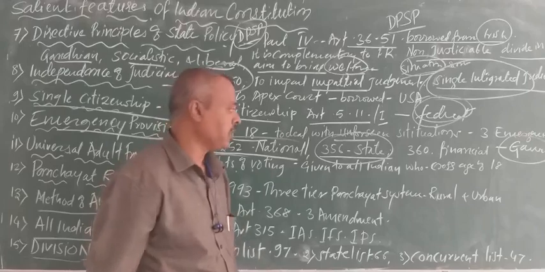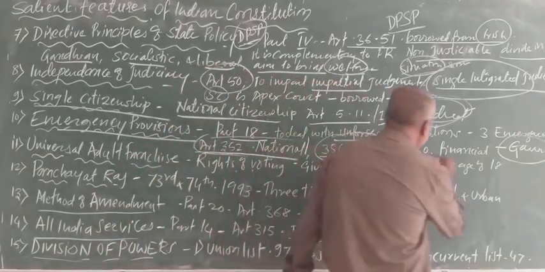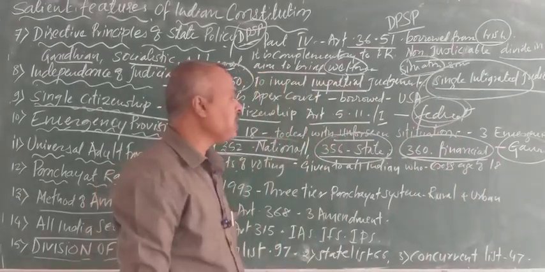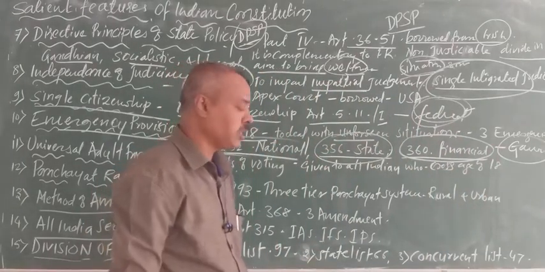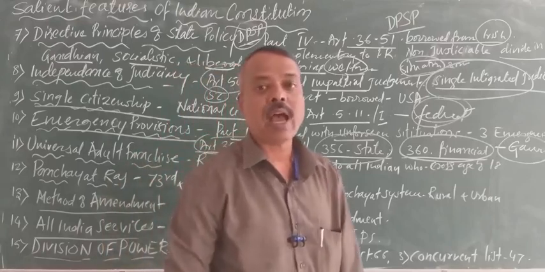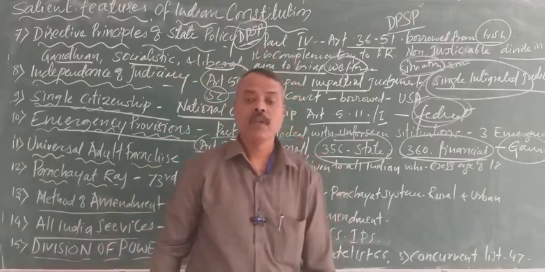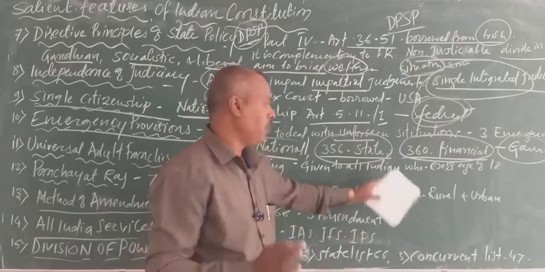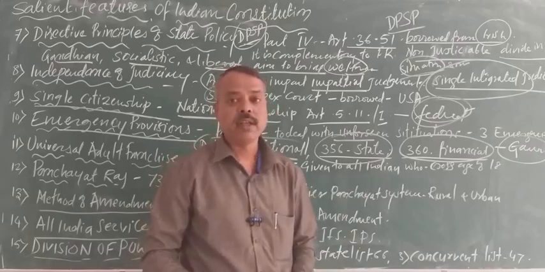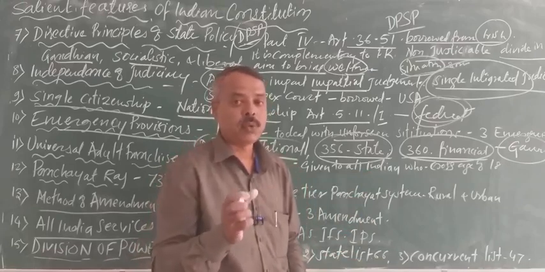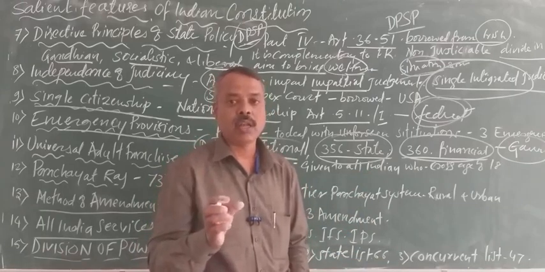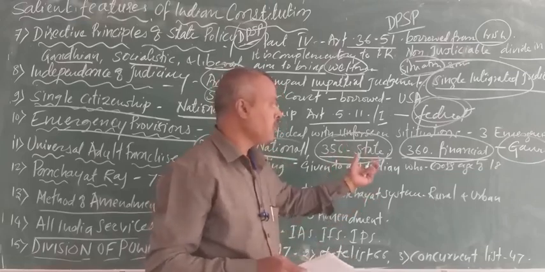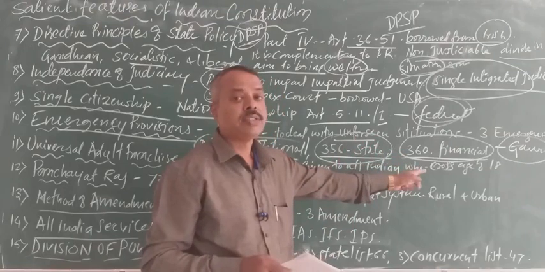Next, the third type of emergency power is financial emergency. Article 360 deals with the financial emergency. Financial emergency arises due to financial bankruptcy. Whenever the financial condition of the state is in danger due to bankruptcy or any other financial problems, it calls for the financial emergency.